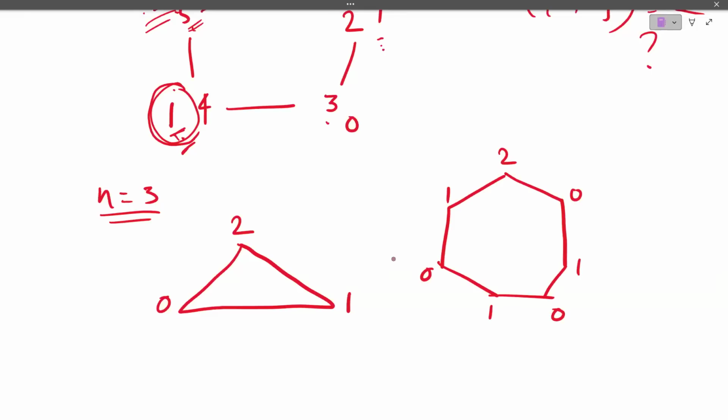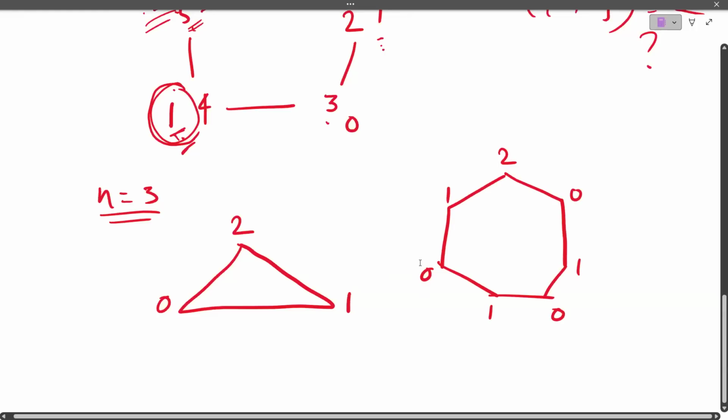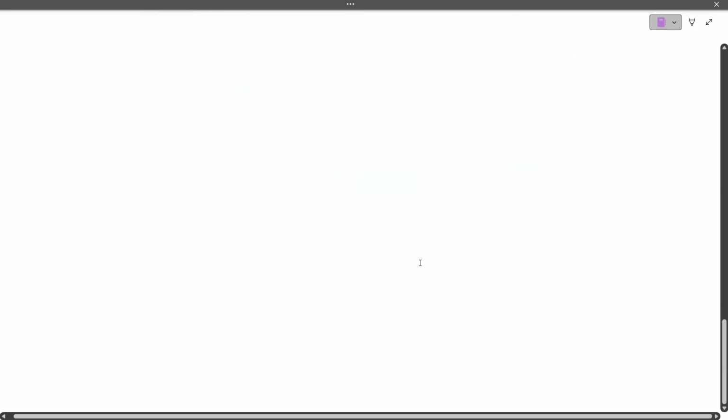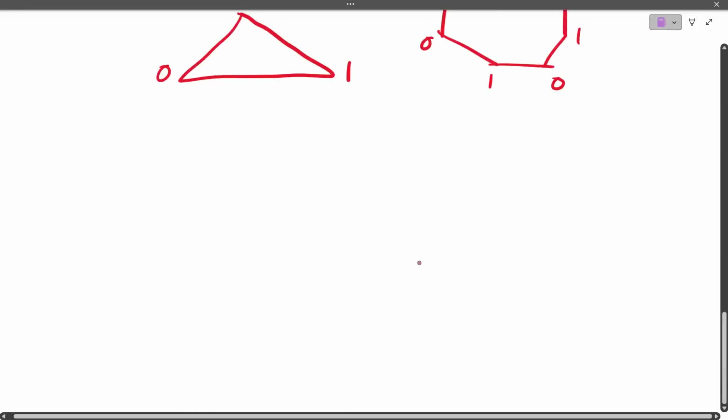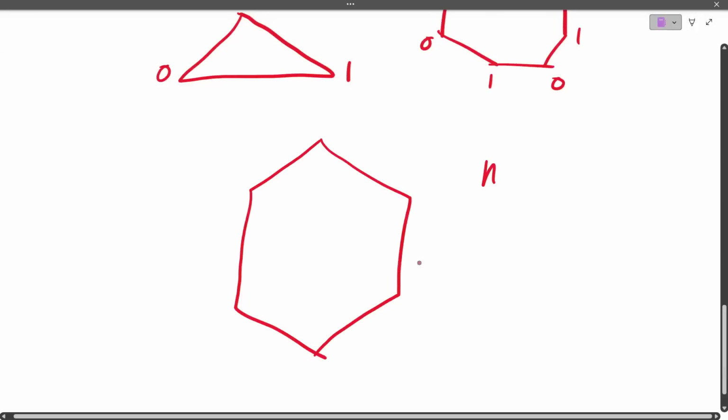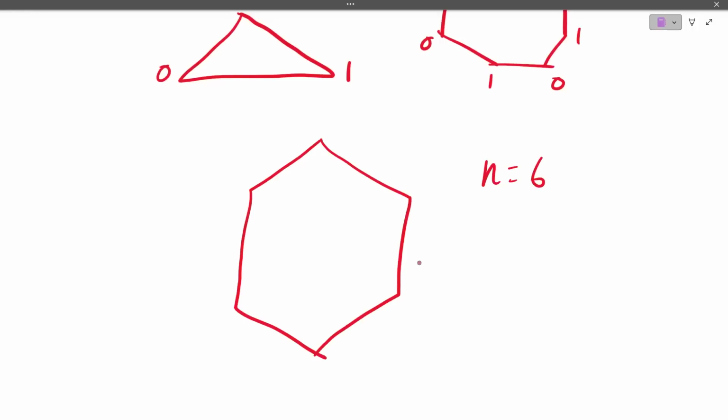Now, how will we extend this idea to the problem when there is an edge between x and y? Think about it. So the problem now is something different. The problem here is that I have a cycle. So let us play with cycles of length, say n equals 6. And now I have an edge between, so suppose this is x and this is y.